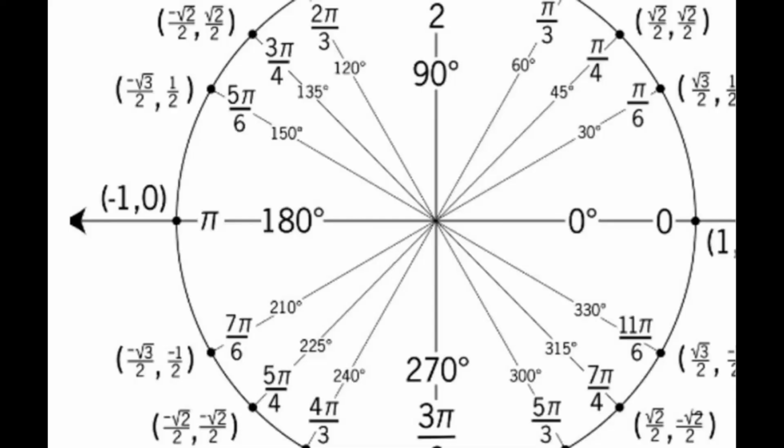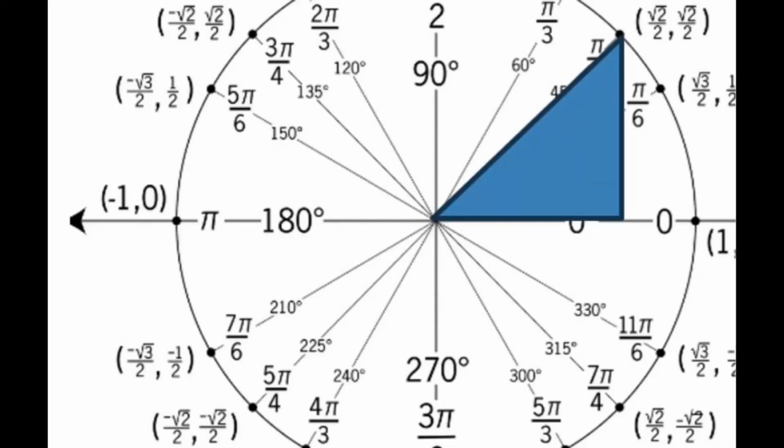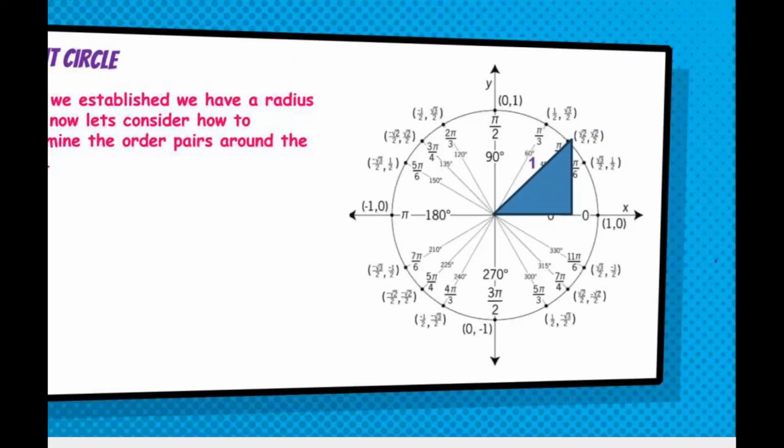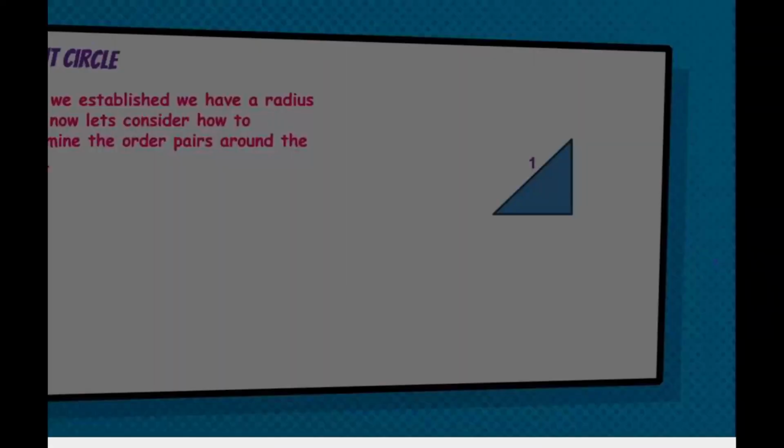So from here to here, that is 45 degrees. I'm going to make that into a reference triangle like so. And once again, this is a 45, 45, 90 triangle. The hypotenuse of this triangle is 1 because that's the radius.